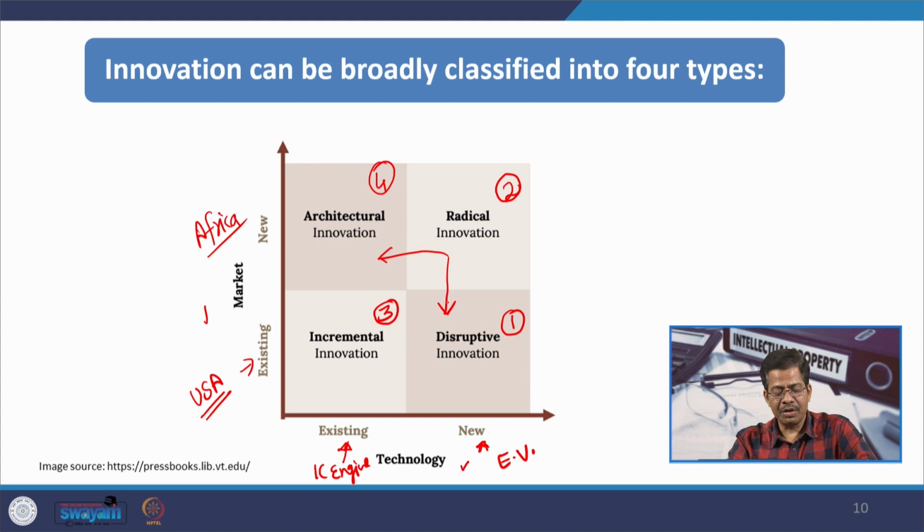After some time, radical technologies will become existing technologies, and they will become part of new markets, which will become existing markets. So, more and more radical technologies will become part of disruptive or architectural innovations if they are successful.